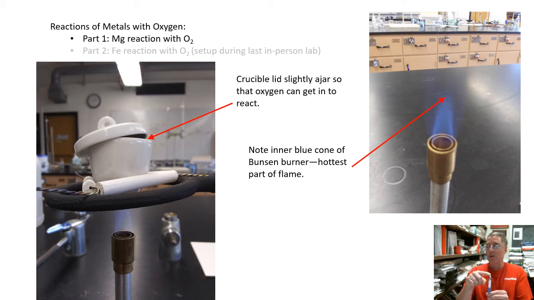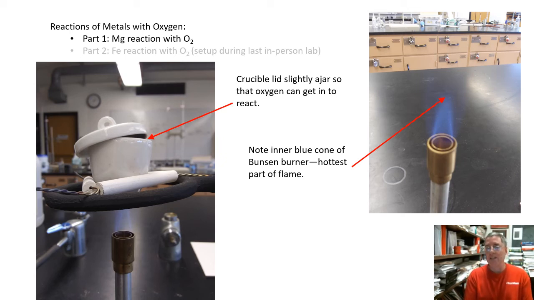If you just stick it right into the flame, it won't light. The gas will blow the match out every time. So just bring it up from the side and light it. And then if you have trouble adjusting the Bunsen burner or getting it lit, just ask one of the TAs to help you.